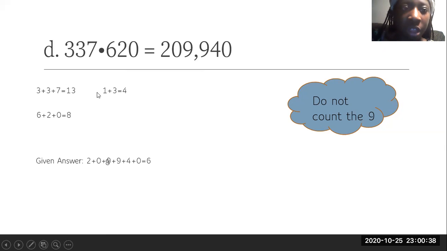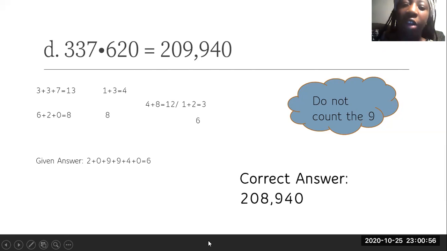So then this will give us 4, and this will give us 8. So add the 4 and 8. This will give us 12, so we'll separate the 12 and get 3. And of course, 3 does not equal 6, so we'll have to do our answer ourselves. And it'll give us 208,940.